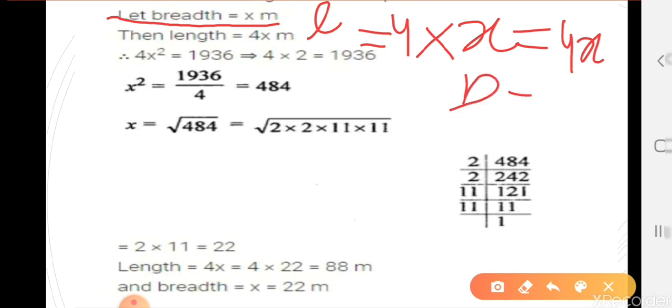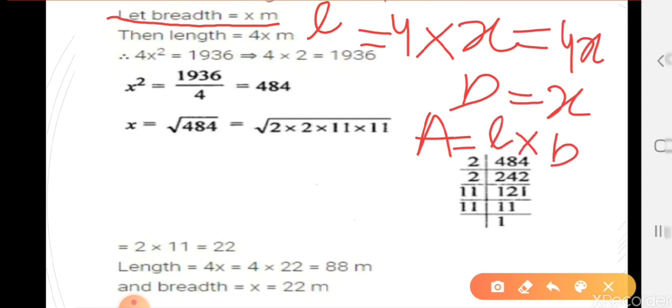Area is equal to length into breadth. So when we do length into breadth, it means 4x into x, and we will get 4x square. 4x square is equal to 1936 because the area is given in the question.